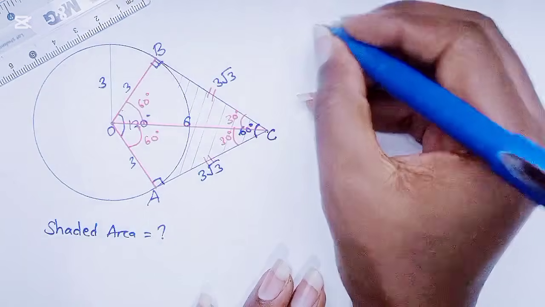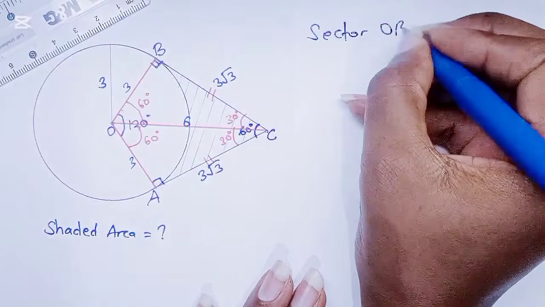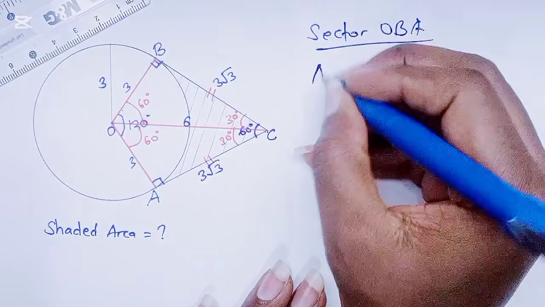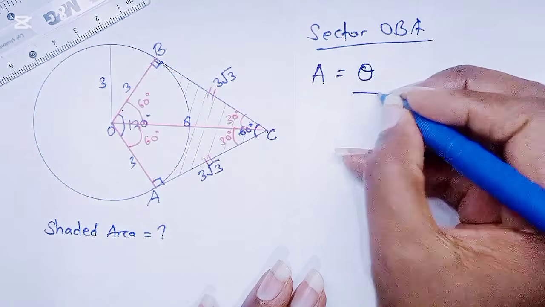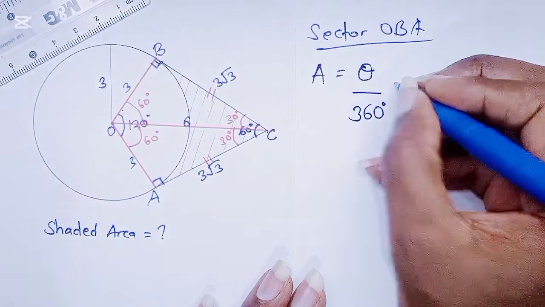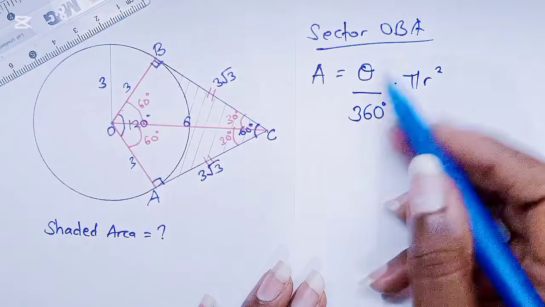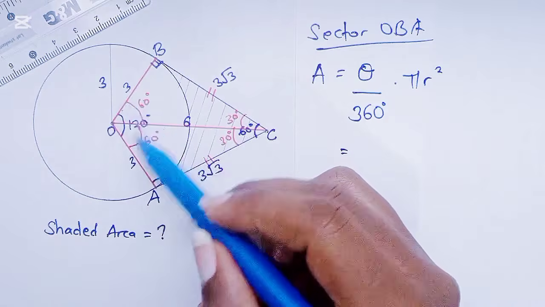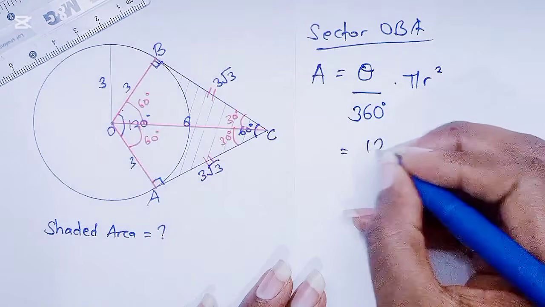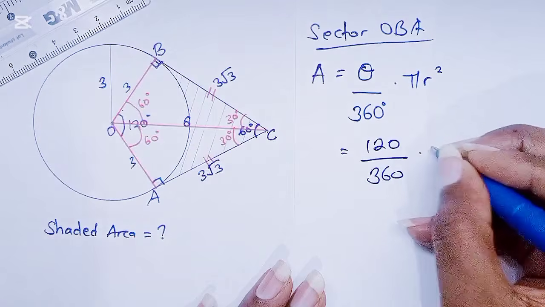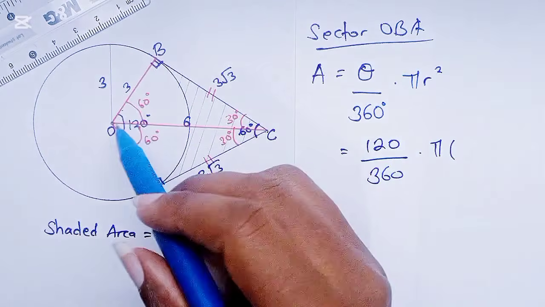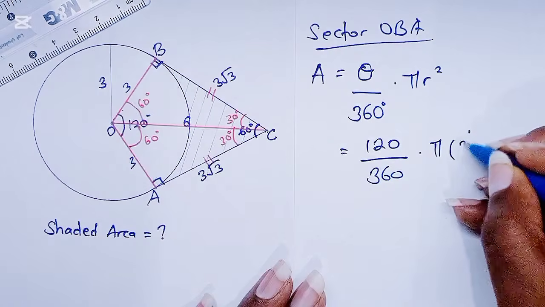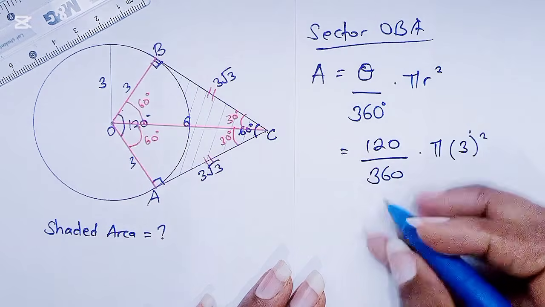Now for the area of sector OBA, this one here, area of a sector is theta over 360 degrees times pi r squared. This is how we find area of a sector. So this is equal to, our angle here is 120 degrees. So it will be 120 over 360 times pi into the radius of the circle, which is 3, so into 3 squared.